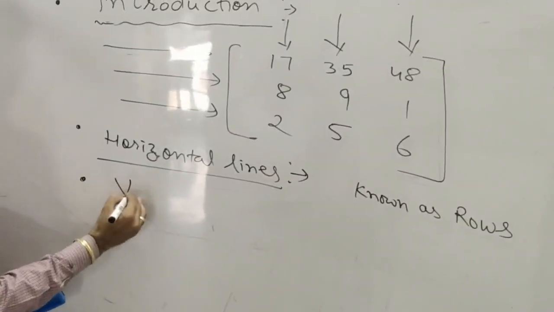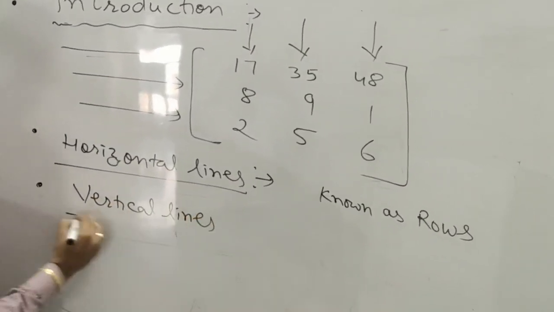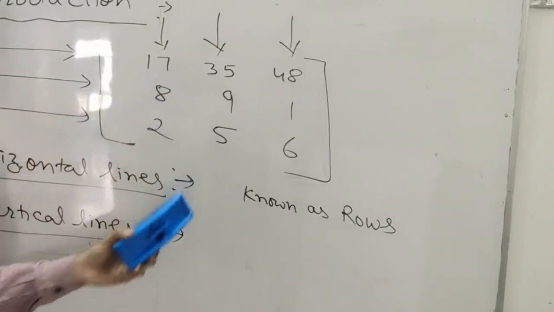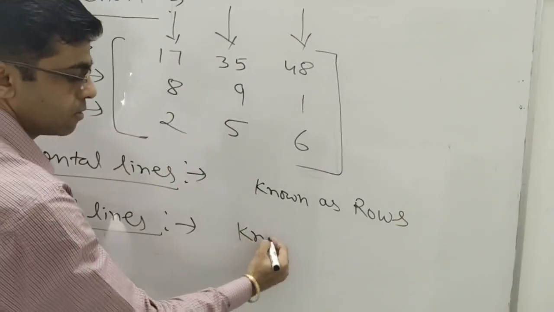Next are vertical lines. The numbers represented in this matrix according to the vertical lines are known as columns.